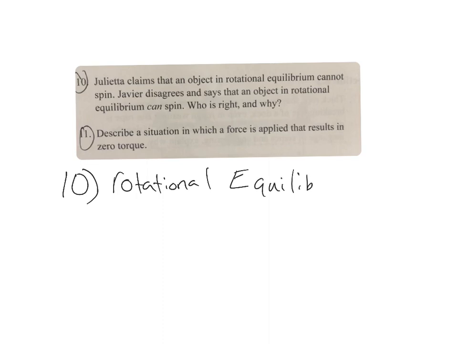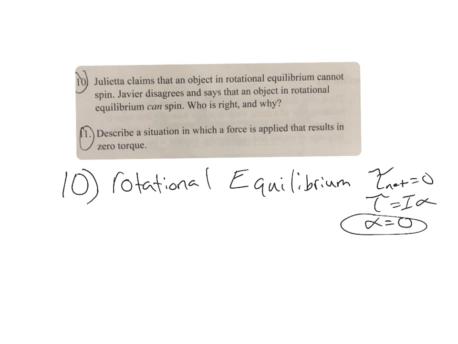She claims that an object in rotational equilibrium cannot spin. Javier disagrees and says that it can spin. Who is right? So basically, if you're in rotational equilibrium, then it means that you have no net torque. So it means that you have a net torque equal to 0, which means, remember, torque is equal to I alpha, which means alpha's got to be equal to 0.